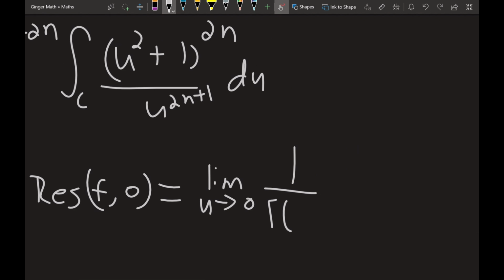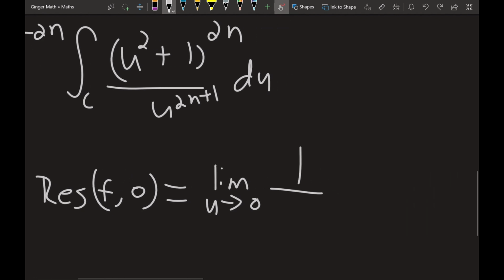Well, technically this should not be gamma, it should be the factorial, but they're one and the same. So it's going to be the degree of our pole subtracted by 1, so in this case it's just going to be 2n plus 1 factorial, which is just gamma of 2n.